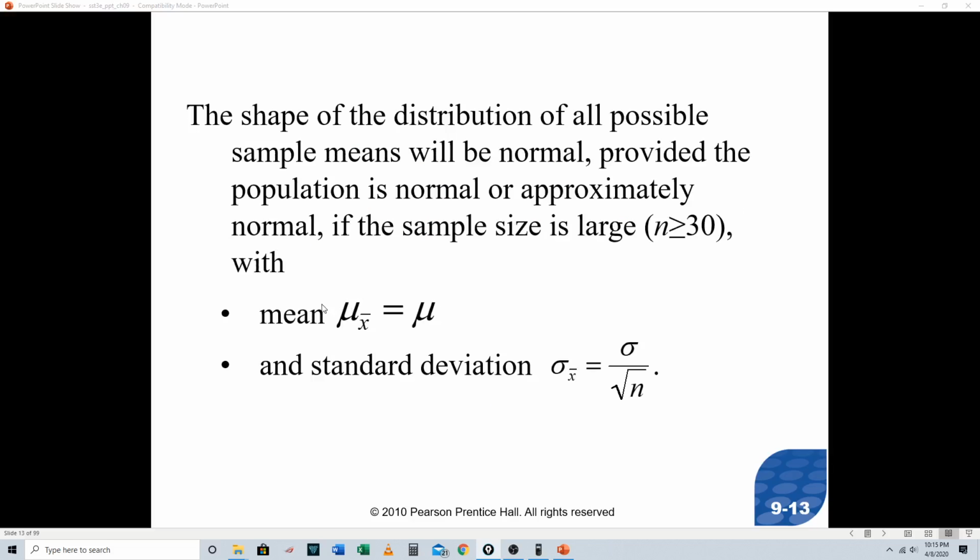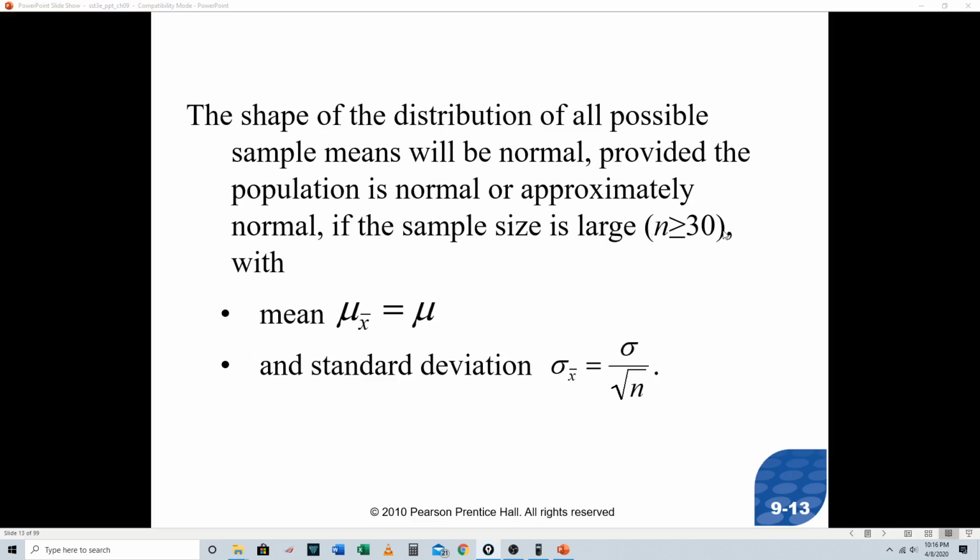Oh, wait, there was one thing. In order to do confidence intervals, we have to have one of two things. Either the question straight up tells you that the distribution is normal, or approximately normal, or we can assume it's approximately normal if it's a large enough sample size, and the sample size must be bigger than 30.